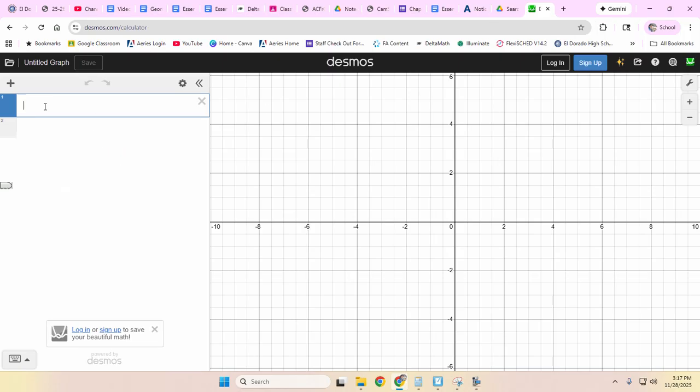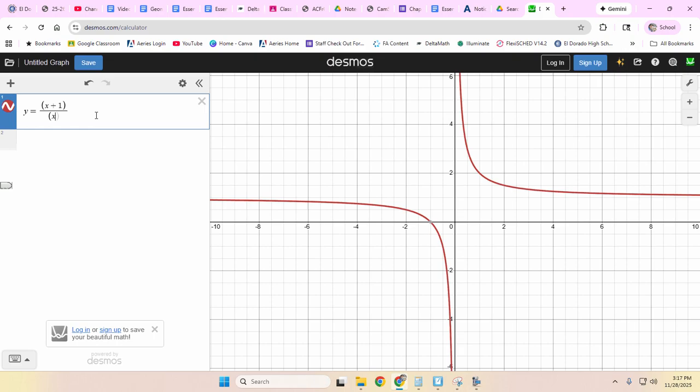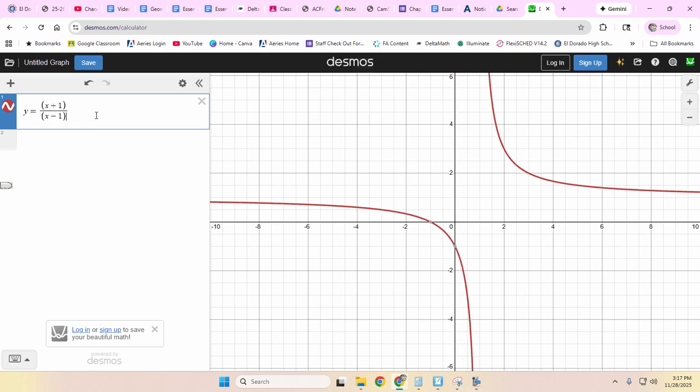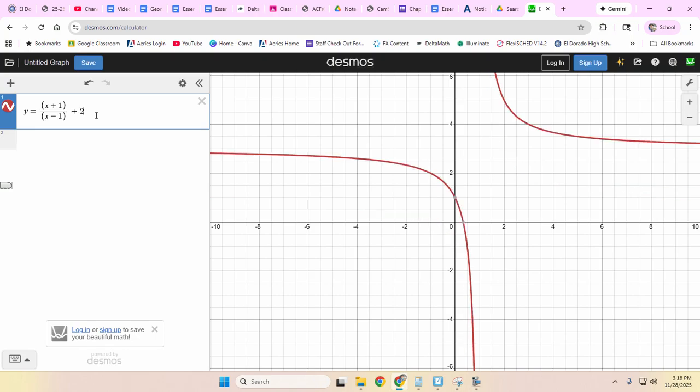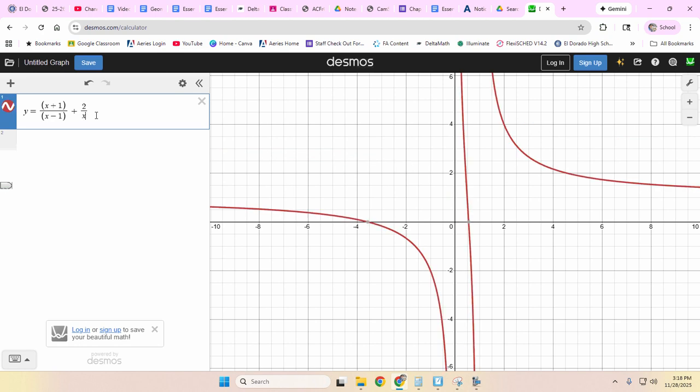So we put in that, so y1 equals x plus 1. Feel free to put the parentheses in because, my friends, without the parentheses, it is going to go crazy. And then x minus 1. And then plus 2 over x. That's your first one. And then y equals 5 is going to be your second one.